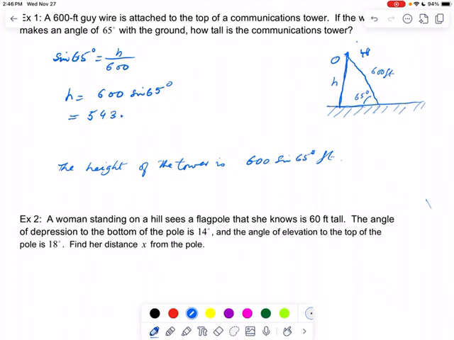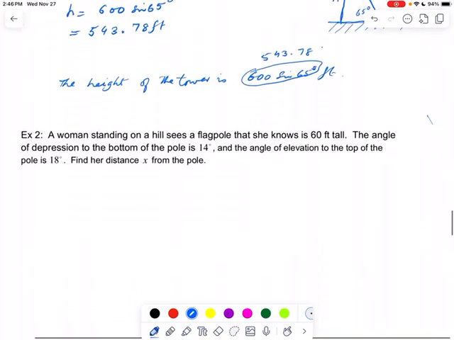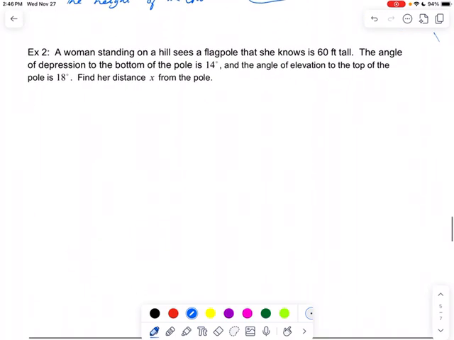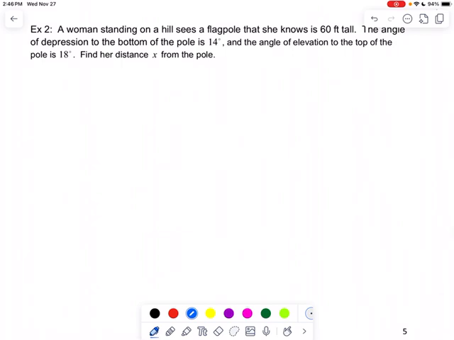So 543.78 feet, that's what we are getting. So now you can say the height of the tower is 543.78 feet. Okay, now this was very simple, but we can have complicated ones as well. So let's look at the next one.